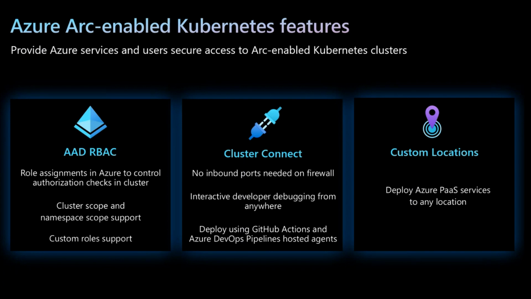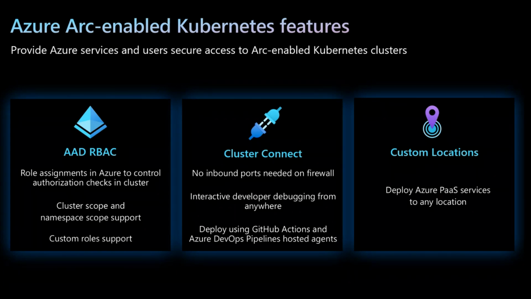Cluster Connect is the capability that I mentioned, which is a great relief for security considerations, where if I need to manage any of these Arc-enabled Kubernetes clusters, I need to run certain commands on top of that. I don't need to ask my partner or any respective organizations to poke a hole in the firewall.